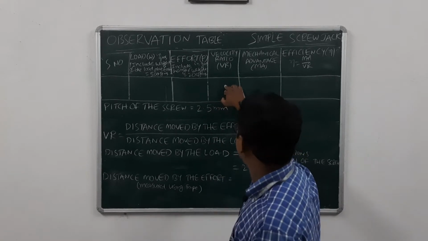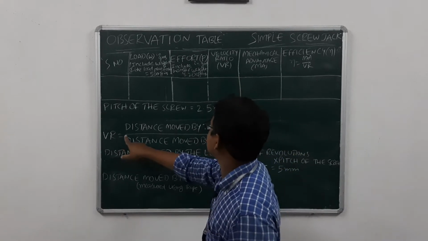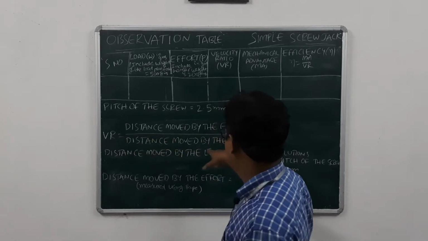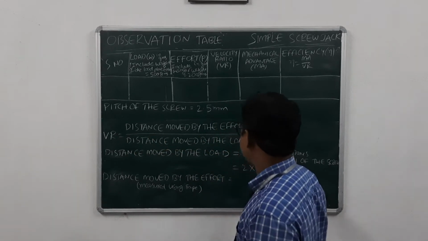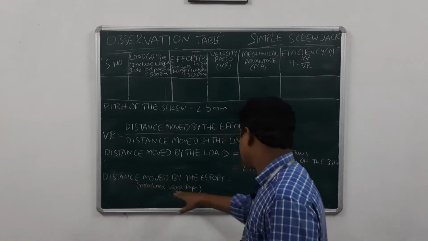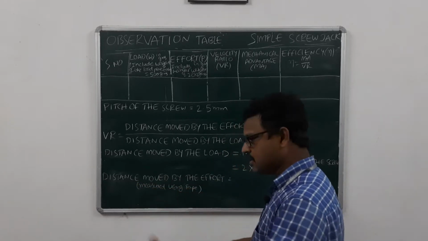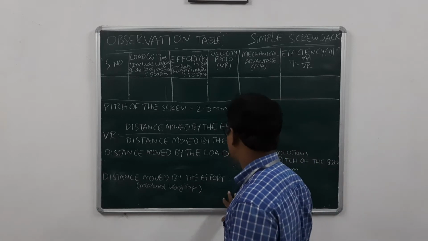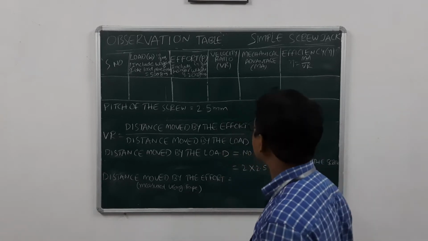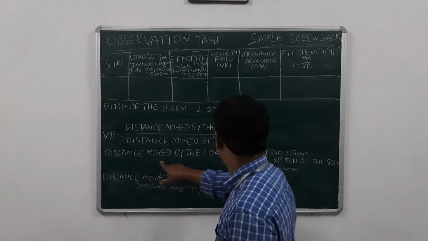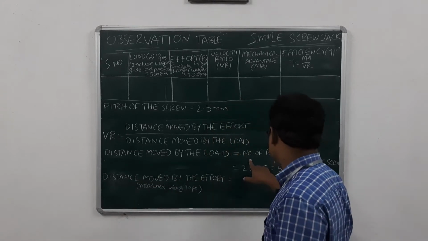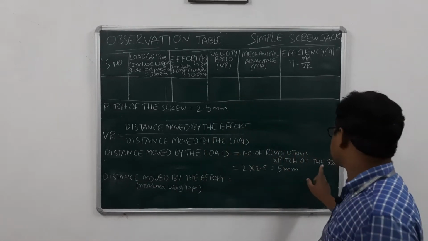The velocity ratio formula is distance moved by the effort by distance moved by the load. Distance moved by the effort I can measure with the help of a tape. In the next part I will show how to measure it. The distance moved by the load is equal to the number of revolutions into the pitch of the screw.